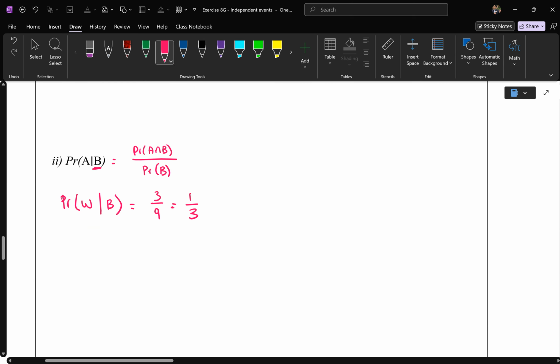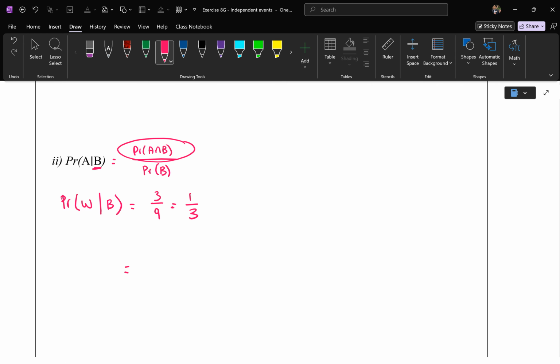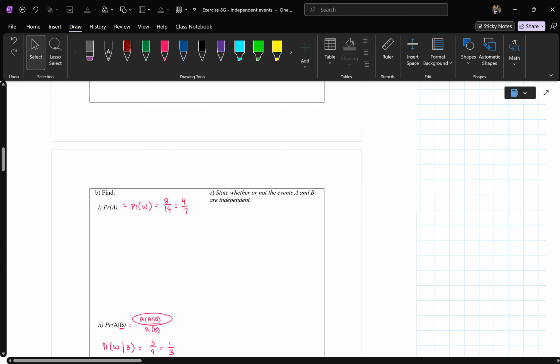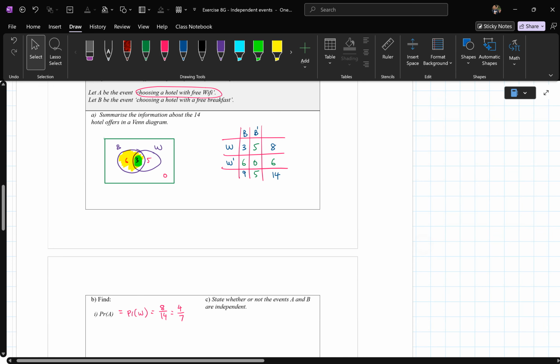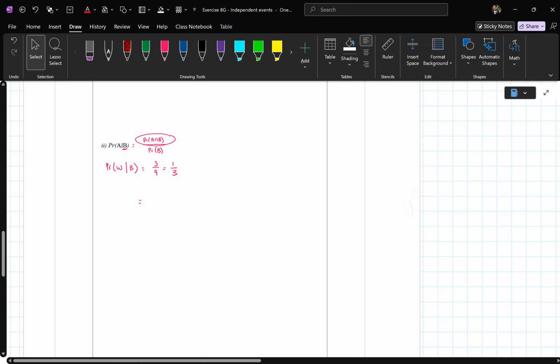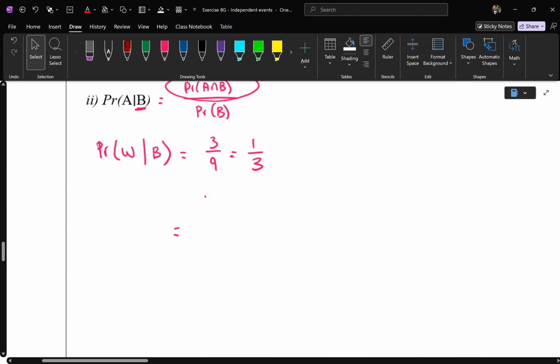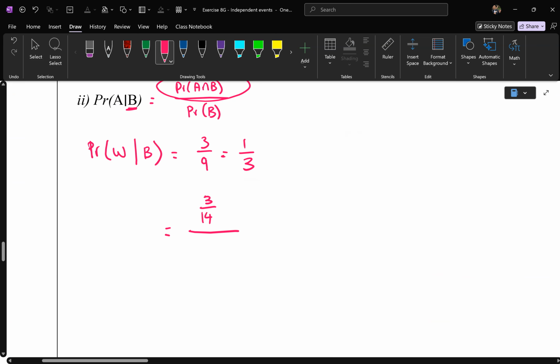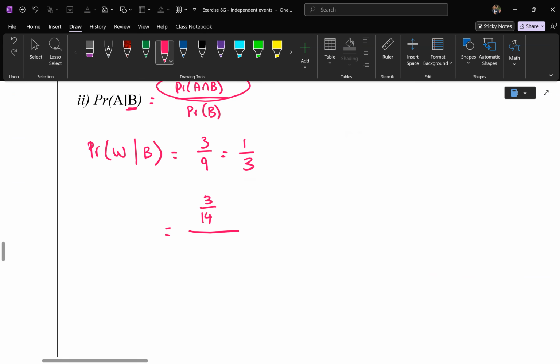Just logically, looking at the diagram there, I know the answer is 3 out of 9, which is 1/3. But say you didn't know that, well, you can actually work it out by finding the probability A intersect B. So what's the chance of getting Wi-Fi and breakfast? Well, it's 3 out of 14 hotels. 3 out of 14 is the chance of getting Wi-Fi and breakfast. And then the bottom one is chances of getting breakfast.